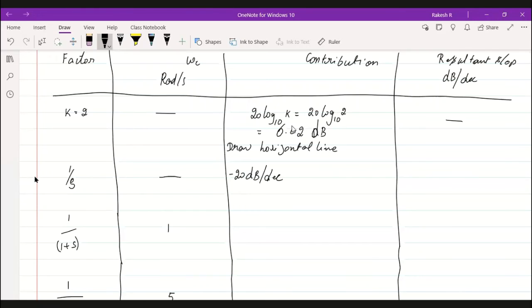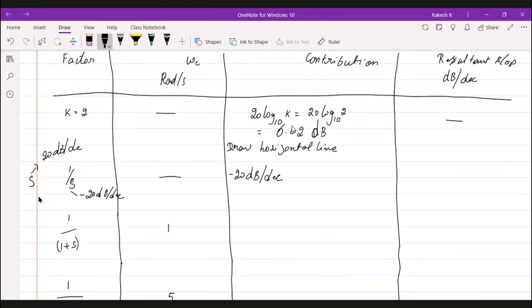In the same place, if I have the 0, this becomes plus 20 dB per decade. Getting what I told? For 0, it is plus 20 dB per decade. For pole, it will be minus 20 dB per decade here.